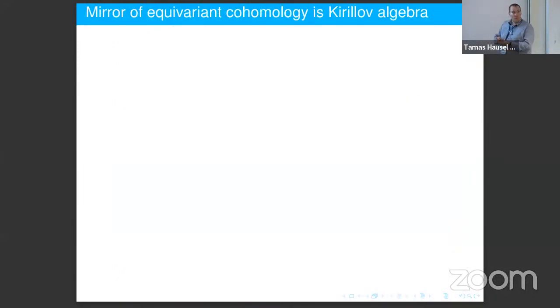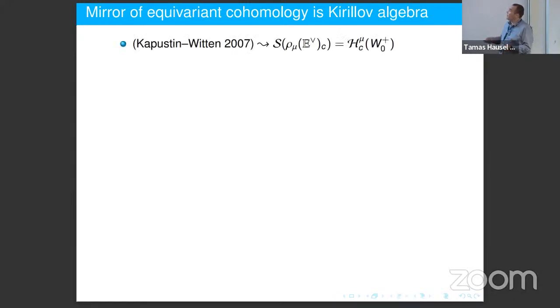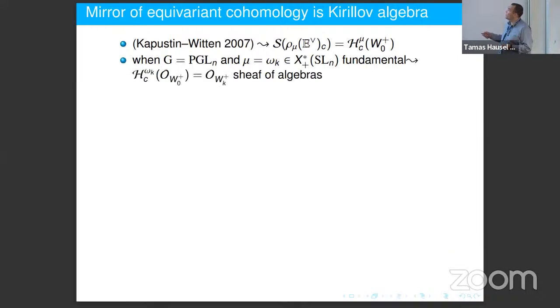Let me finish now to equate these two last things, to argue that the enhanced Kapustin-Witten mirror symmetry in this particular example will give us something nice. In the case when G is PGLN and the representation is the k-th fundamental representation, then we notice that the Hecke transformation is just itself this Lagrangian upward flow, this minuscule upward flow.